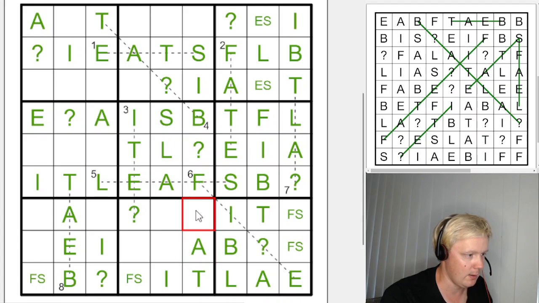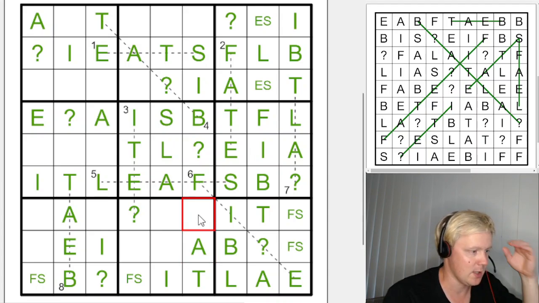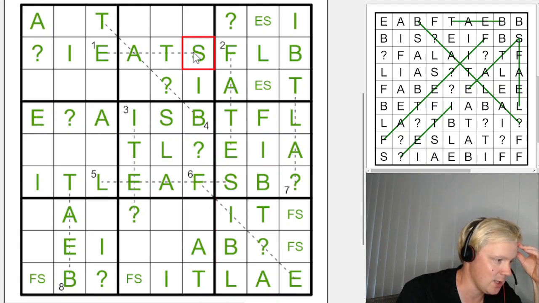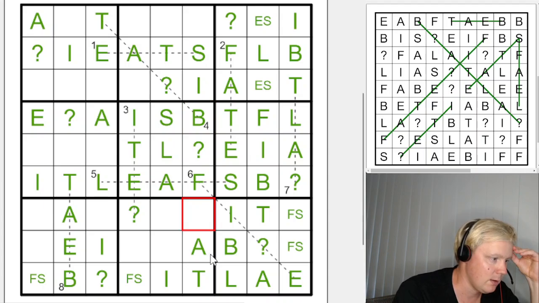And then, what did I say? L? Did I say S? S is here. A, B, E. We need E. No, wait a minute. We need an E, right? And E can be here and can be here. And we need an L. And L can be here and it can be here.